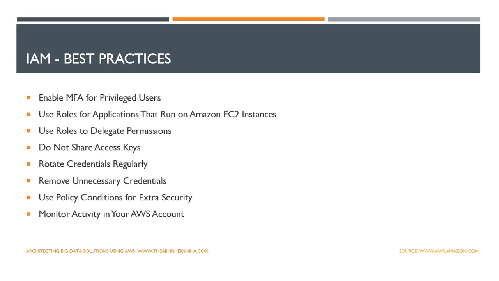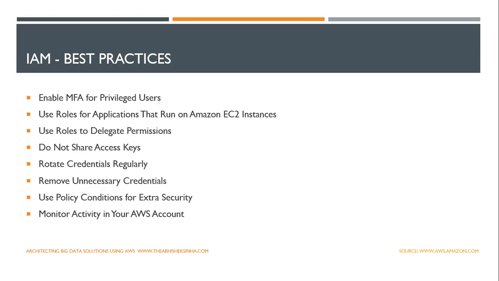and AWS access control. Then enable multi-factor authentication for privileged users. Let's say you are a privileged user with access to all the EC2 instances which are part of a Hadoop cluster, or some cluster hosting a big application.